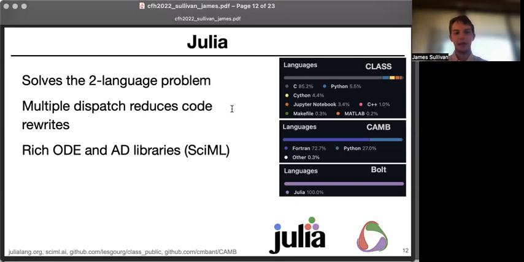And finally, even though it's a pretty young language, Julia has a rich suite of ODE solvers and automatic differentiation libraries in the SciML ecosystem. The ODE solvers are often outperforming the state of the art in Fortran and C, making good on this promise of performance. And there are a lot of choices of automatic differentiation libraries in Julia.